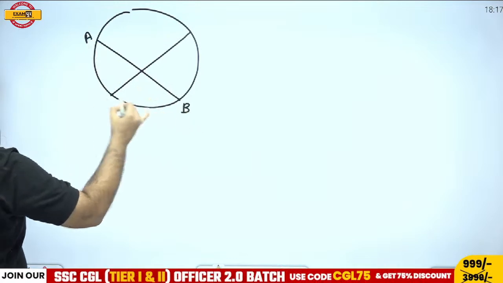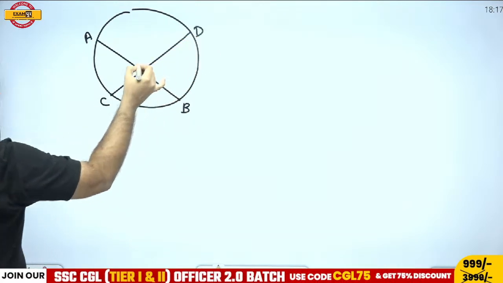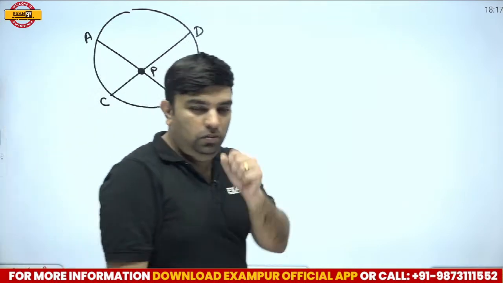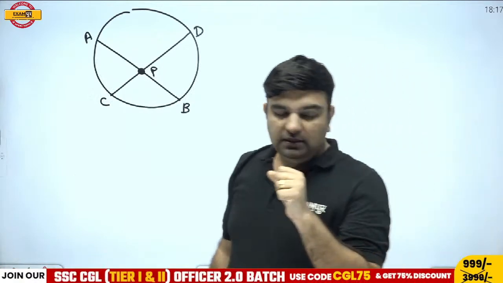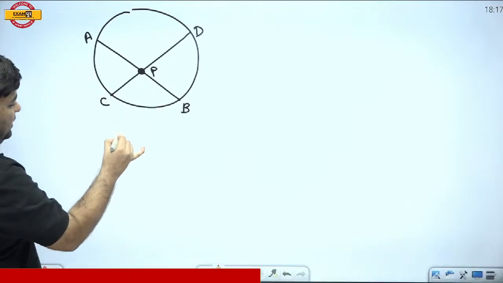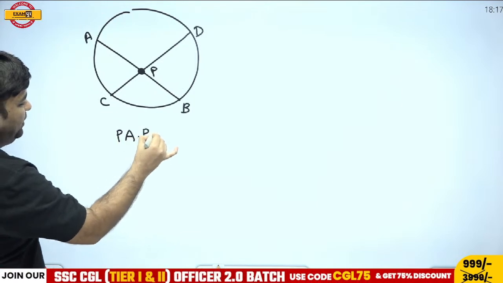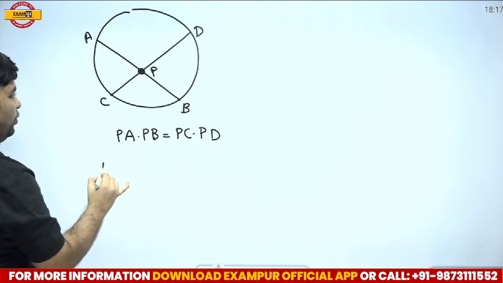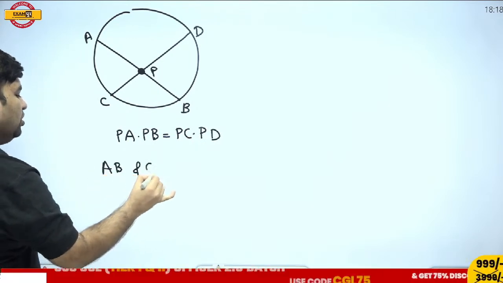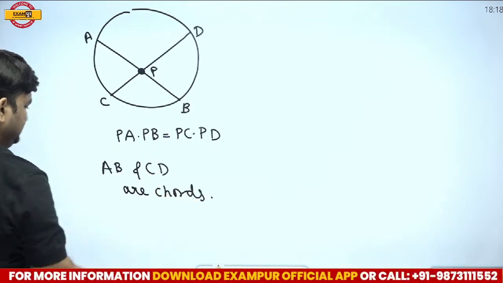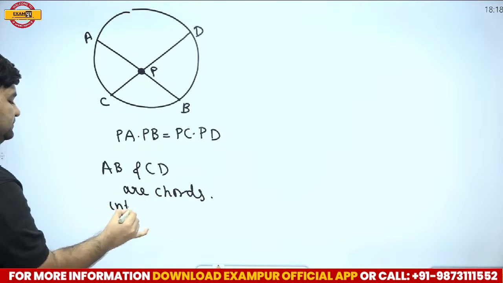So if AB and CD chords intersect at P, the same relation is valid for chords as well: PA into PB is equal to PC into PD, where AB and CD are the chords intersecting at P.